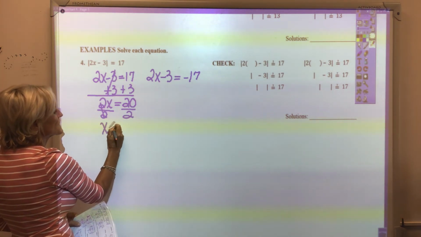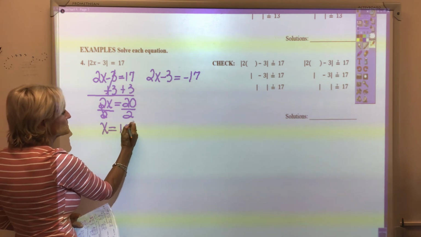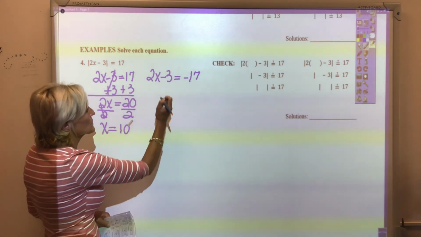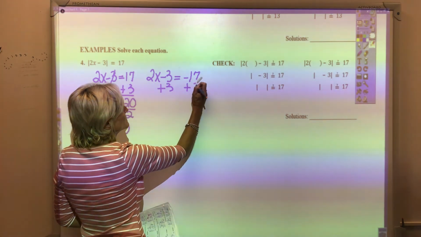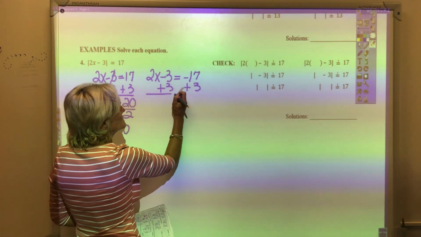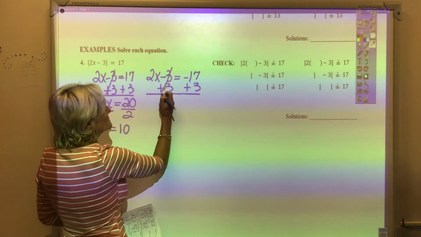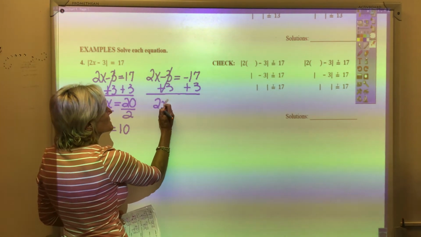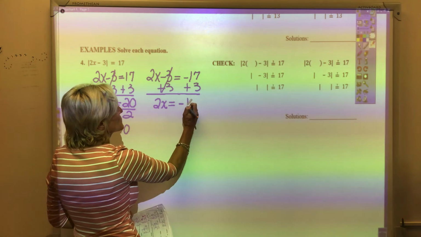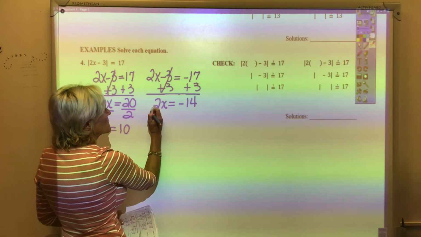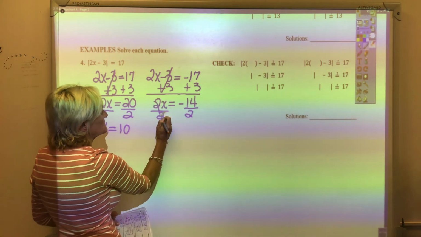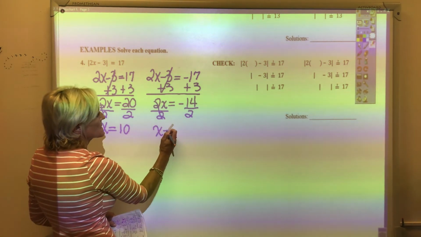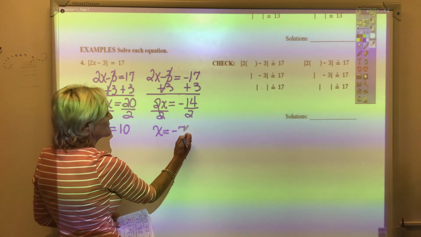X is equal to 10. On the second equation, add 3 to both sides. 2x equals -14. Divide both sides by 2. And we get x is equal to -7.